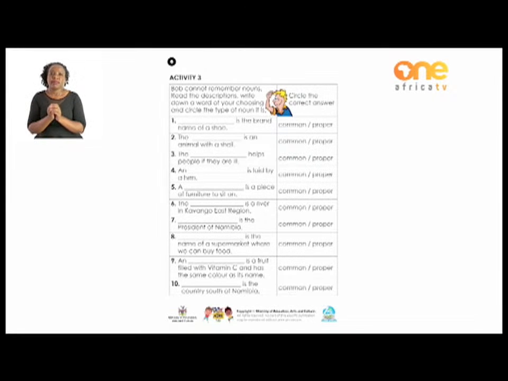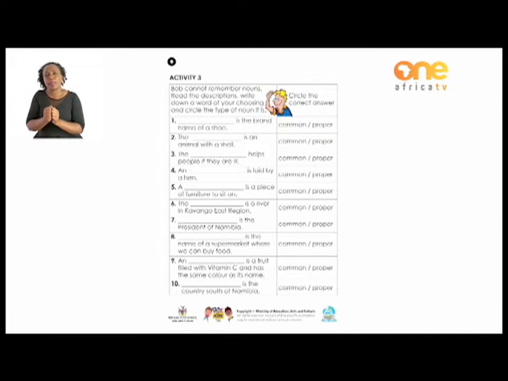Right. The first one, Dash is the brand name of a shoe. Right. Do we know brand names? For example, we have Wayne Brenner. That's a brand name of a shoe.